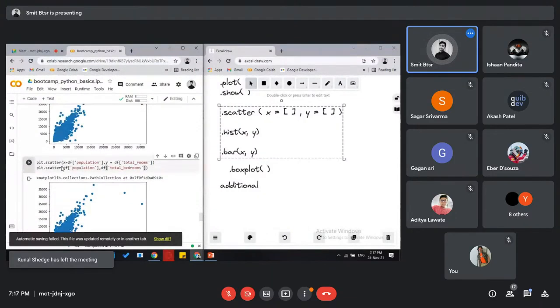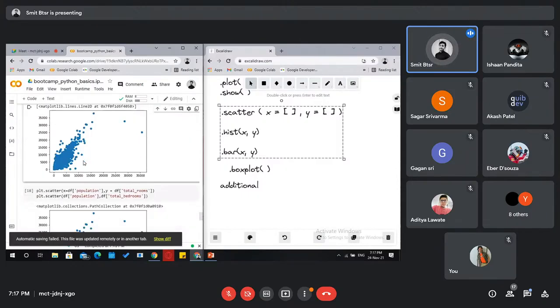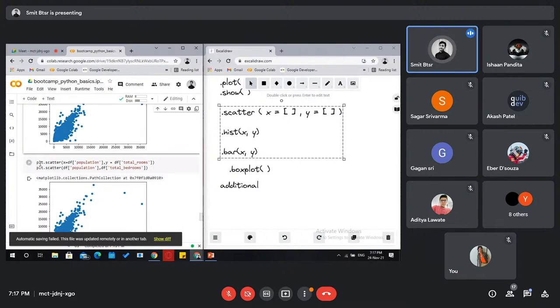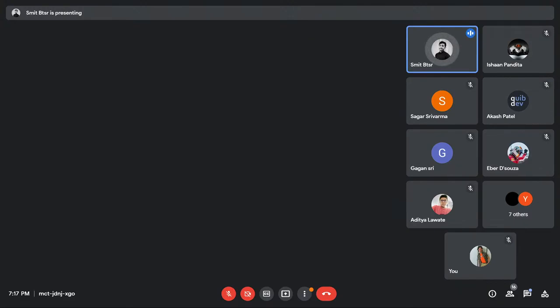If you have noticed, what we are doing is plt, which is the name of the library, and then we are mentioning this plot. When we use this function one time, that means one plot. These are two different plots, but both will plot on the same graph, the same figure.